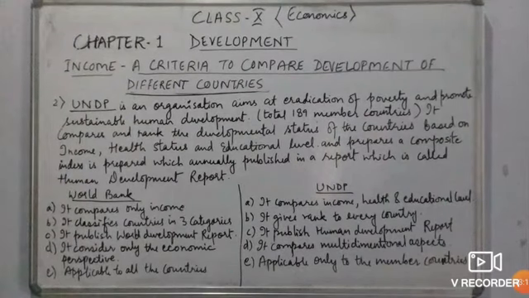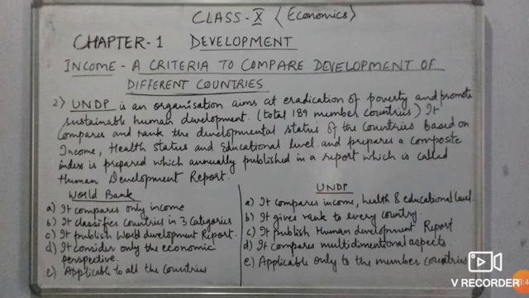So its criteria are quite comprehensive. Second, World Bank classifies countries into three categories: high income, moderate income, and low income countries, whereas UNDP does not categorize nations, rather it gives ranks to different nations.